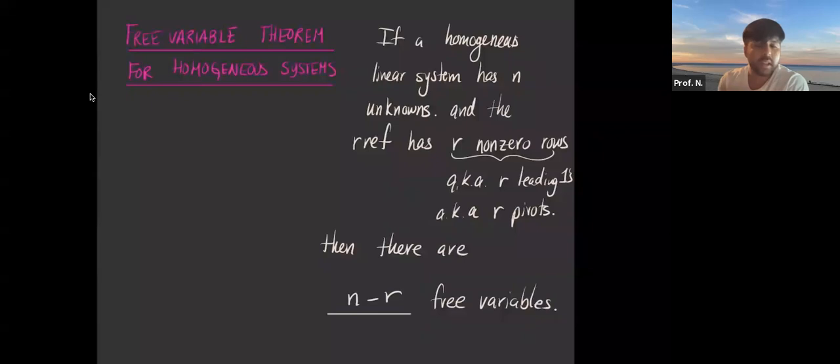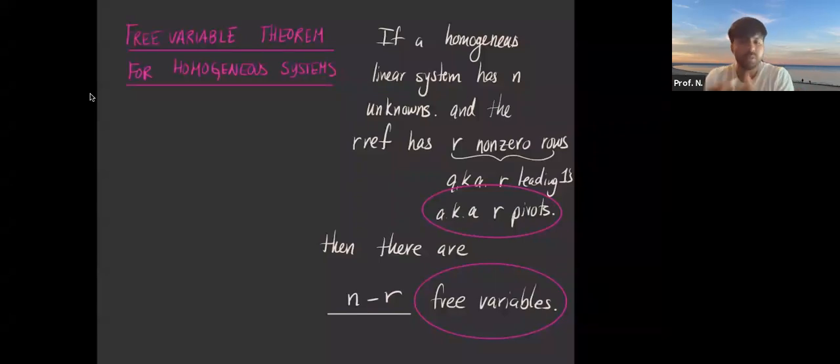So you subtract. This is very important. There's a connection, and we'll see more why, between the number of pivots and the number of free variables. The number of pivots plus the number of free variables gives you the number of total unknowns.